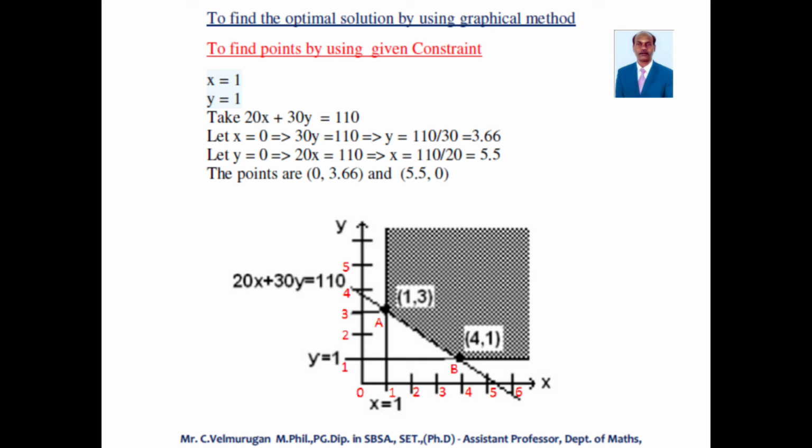So using all these 3 lines, we can collect the common region. Here we find the feasible solution as A and B only, because we want to find the minimum value, so we don't bother about the higher values in those regions.